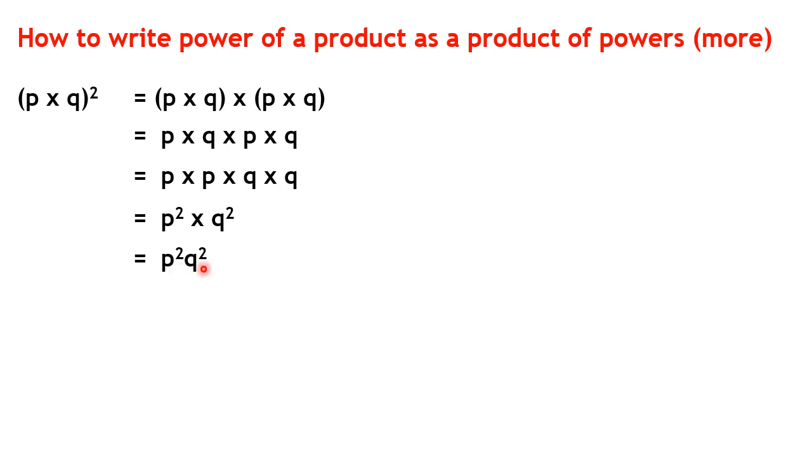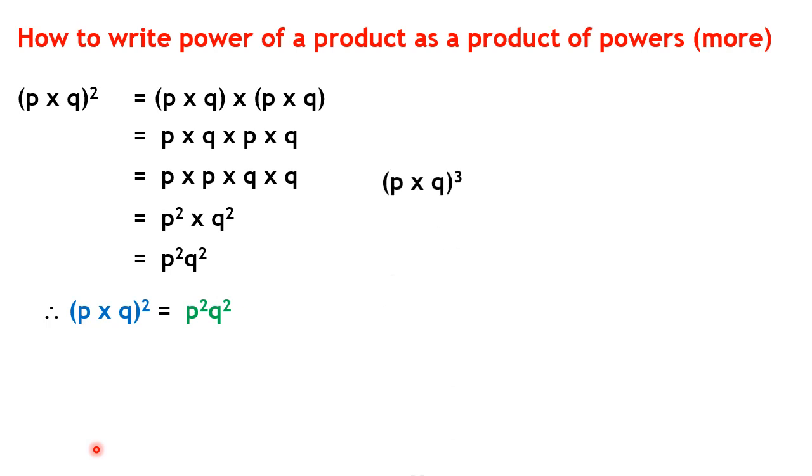As we learned in grade 7, when algebraic terms are written in the power form, there is no need to write the into sign between the bases. Therefore, finally, a power of a product is expressed as a product of powers. P into Q, whole thing squared, equals P squared Q squared.